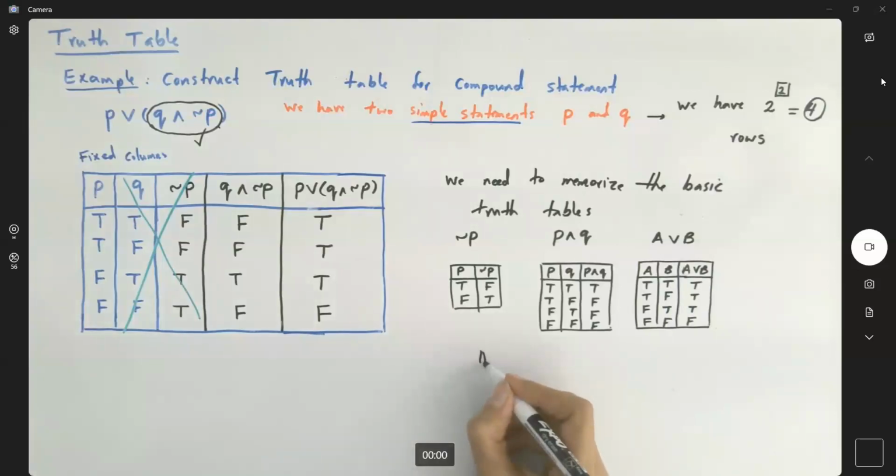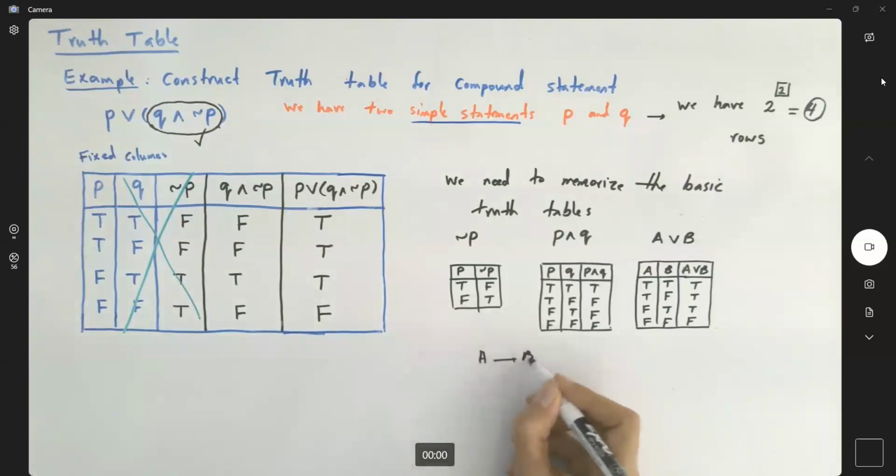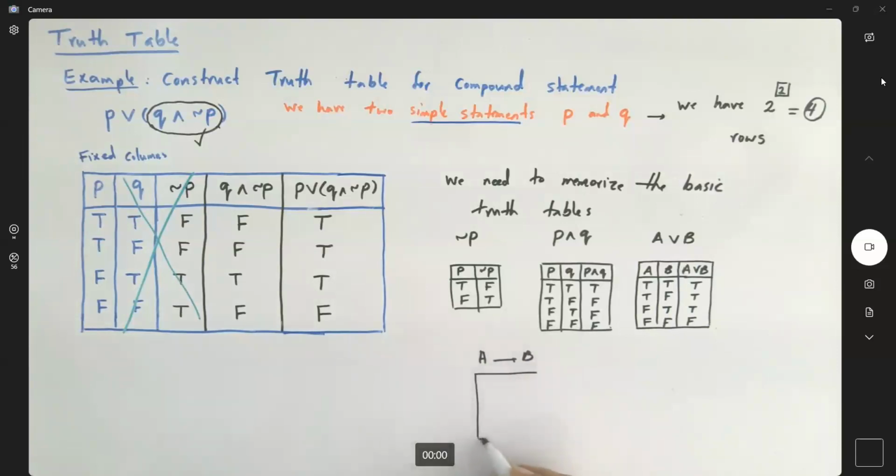Implication. A, then B. If A, then B. A implies B. Another table to memorize. Again, you have two simple statements. Their combination, you have 4 combinations of different possibilities.